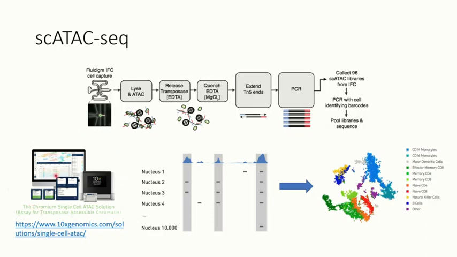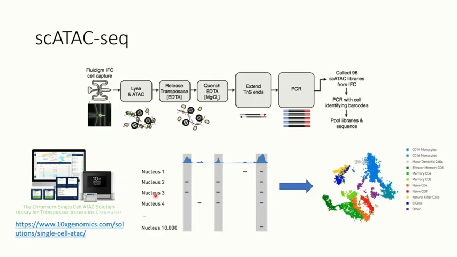10x Genomics developed this technology to allow you to do this at a single cell level. You extract nuclei from the individual cells and give them to this machine, and inside, the reagents carry out the steps to profile open chromatin structure for each cell.